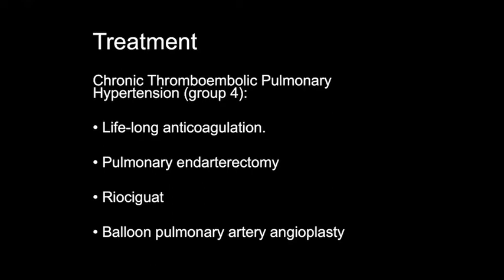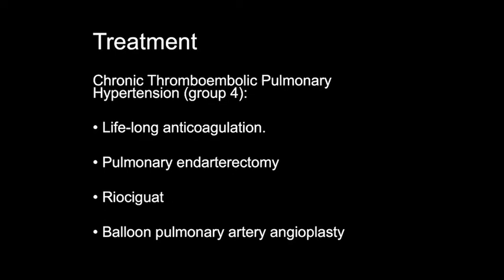Or if there is recurrent or persistent pulmonary hypertension after surgery, like somebody got a pulmonary endarterectomy, and even then there are some clots which are more peripheral, the surgeons cannot reach that area, the pulmonary hypertension cannot be fully resolved. In that situation, we use riociguat.